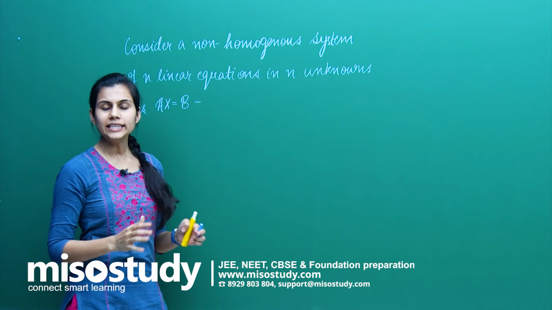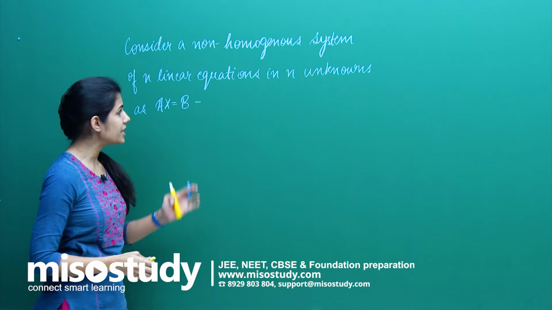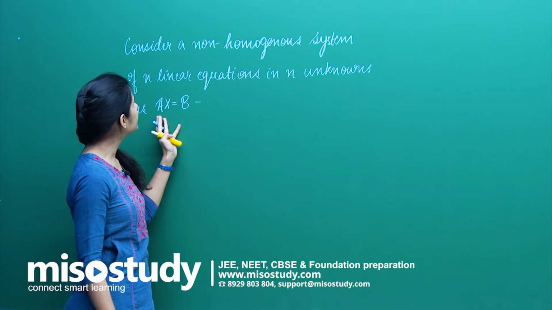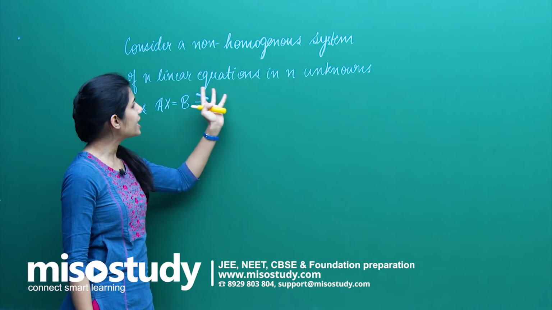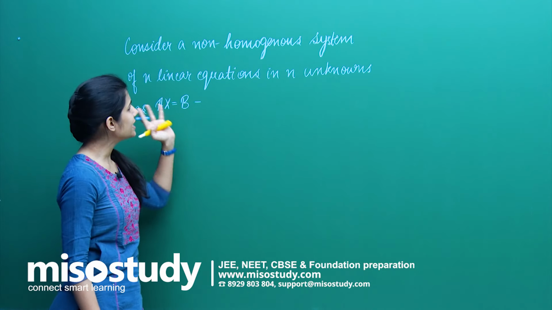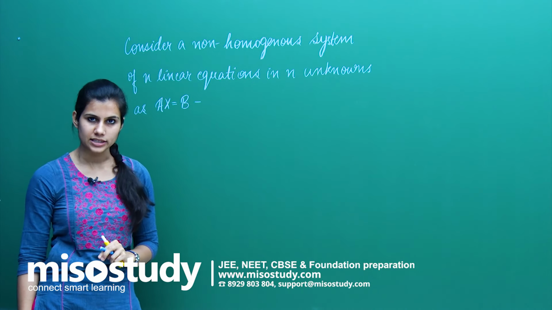You all know that any system of linear equations can be expressed in the form of a matrix equation. So right now we have considered a non-homogeneous system of n linear equations in n unknowns expressed as Ax equals b, where A is the coefficient matrix of this system.